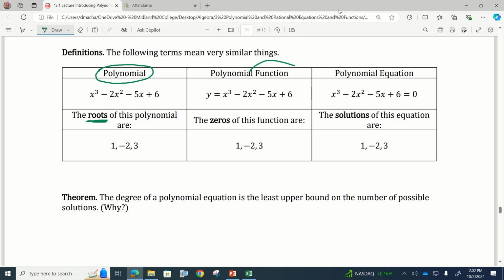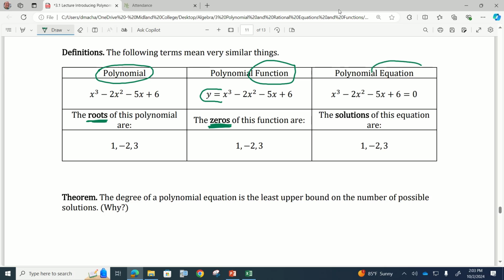Alternatively, if I use the word function, the word function means that I have y equals some function of x, right? Y equals some polynomial in this case. And functions have zeros, but the zero of a polynomial function is the same thing as the roots of the polynomial. I mentioned that earlier.